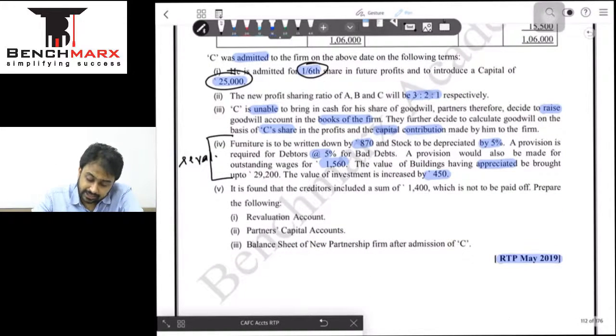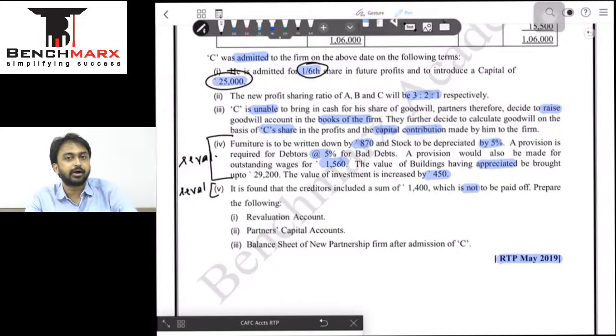It is found that the creditors include 1400 which is not to be paid off. Again, this is also reval. So point number 4 and point number 5 are purely revaluation. Since it is a creditor's amount not to be paid off, it means it's a gain, because an amount which was payable is now not payable.